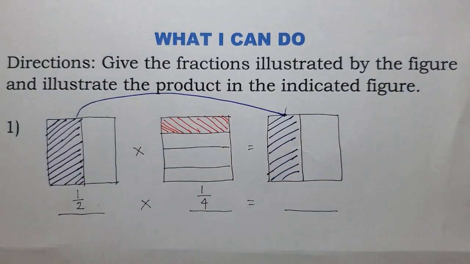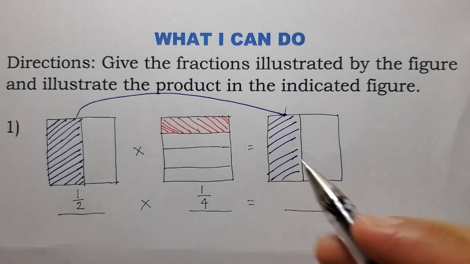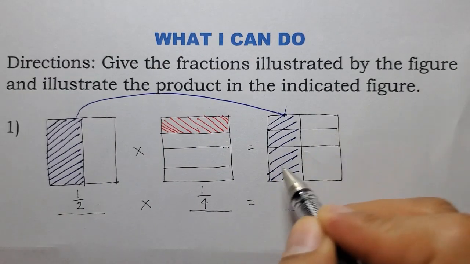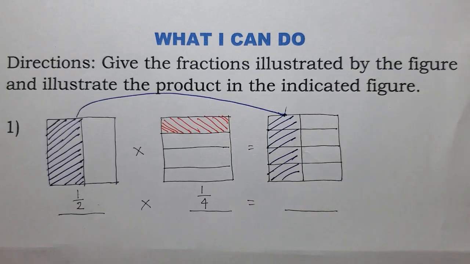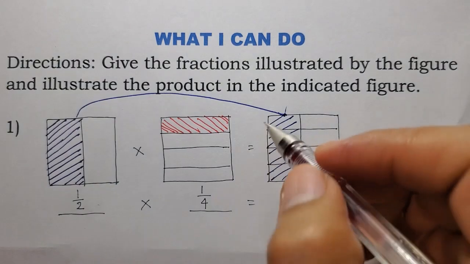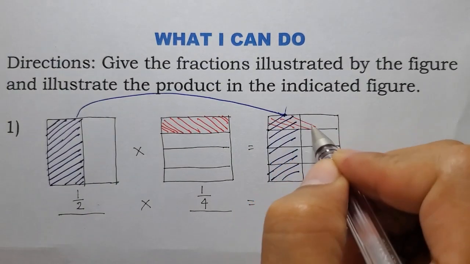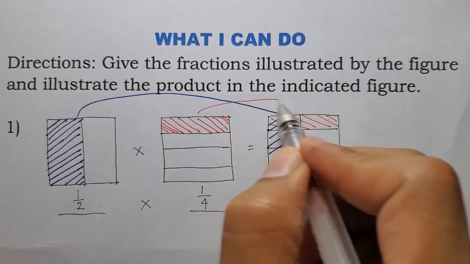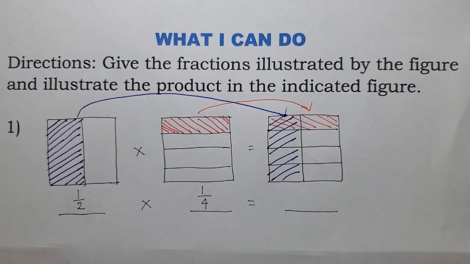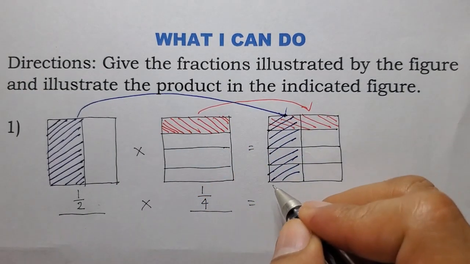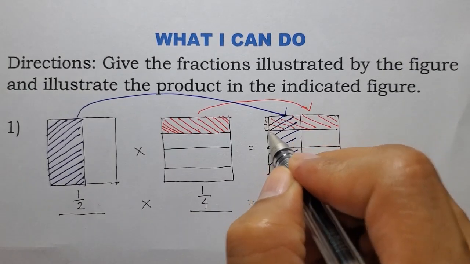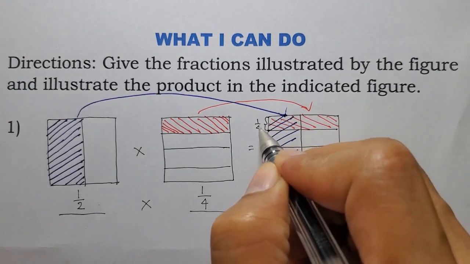The next thing you have to do is divide the width of the whole into 4 equal parts, and you will shade only one part out of the 4 equal parts. As you have seen here, this is 1/2, and here, this is 1/4.